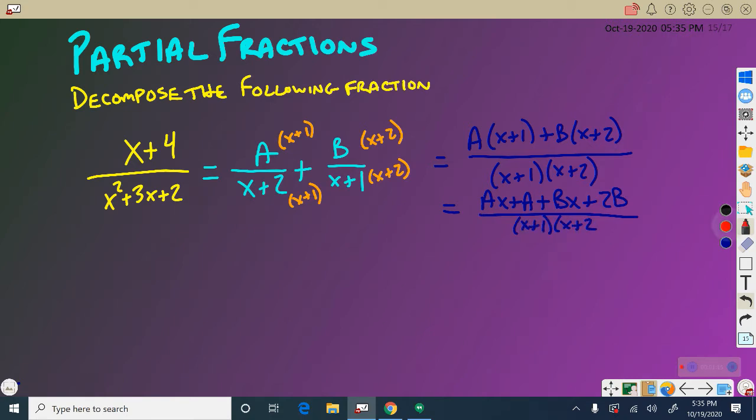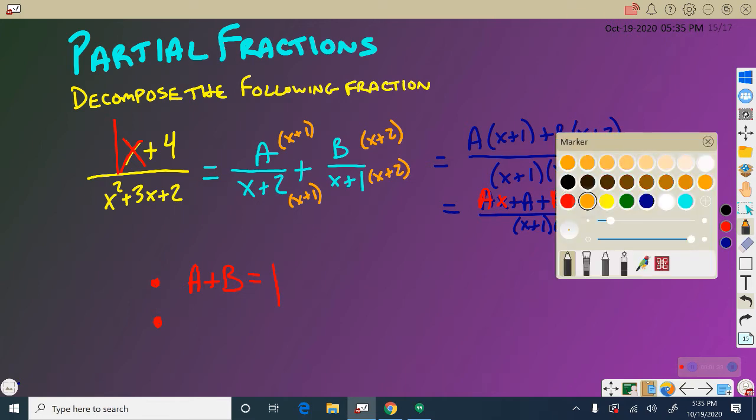What we can now do is I'm going to make my two equations. My first equation should be things that have x's as coefficients. So I have ax and bx. So I'm going to have a plus b equals my coefficient with x at the beginning was just 1. So a plus b has to equal 1.